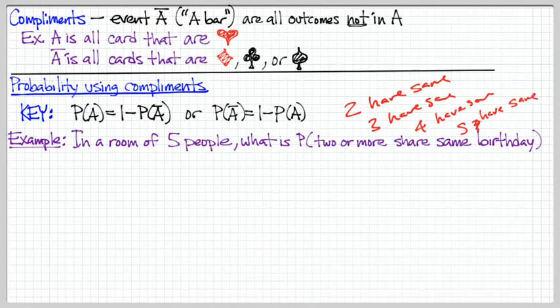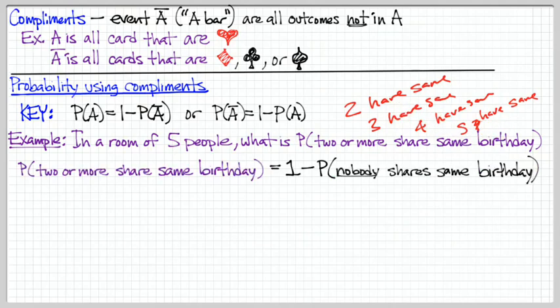So we could try to calculate the probabilities of all these different things, but it's challenging. It's actually easier to consider the complement case, which is 1 minus the probability that none of the 5 share the same birthday. Let's see how we can figure this out.